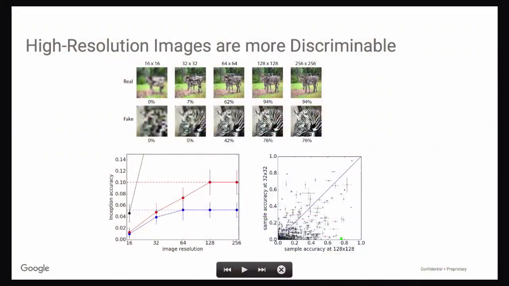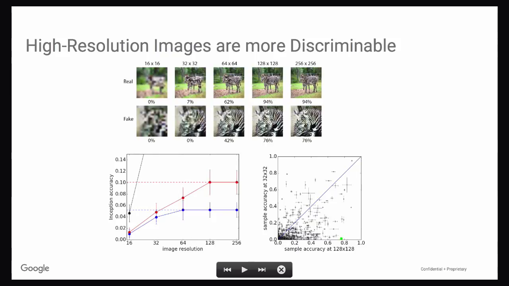Cool. So those are the tricks, and these are the experiments. When you're generating a high-resolution image, to the extent that you can say 128 by 128 is high resolution, you'd like to know that it's not just a naive resizing of a low-resolution image. If it were a naive resizing, if you downsampled it and then took some measure of image quality, you shouldn't see the measure of image quality really degrade much as the downsampling happens.